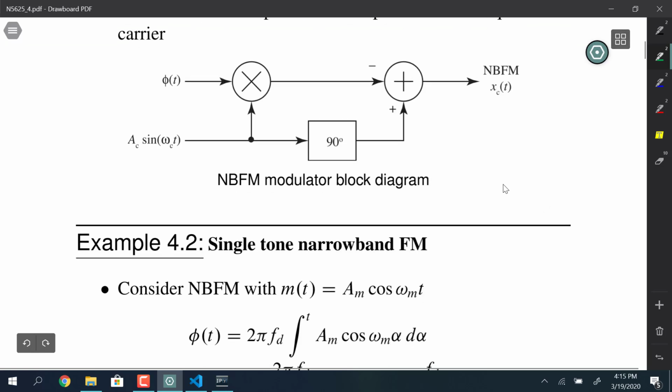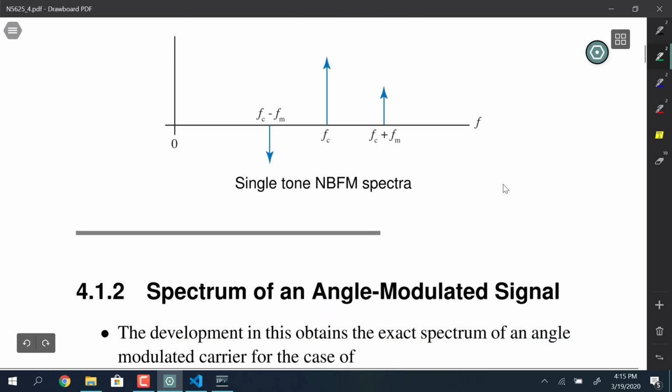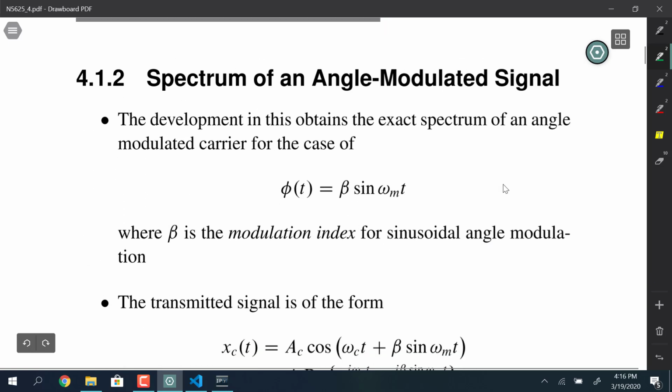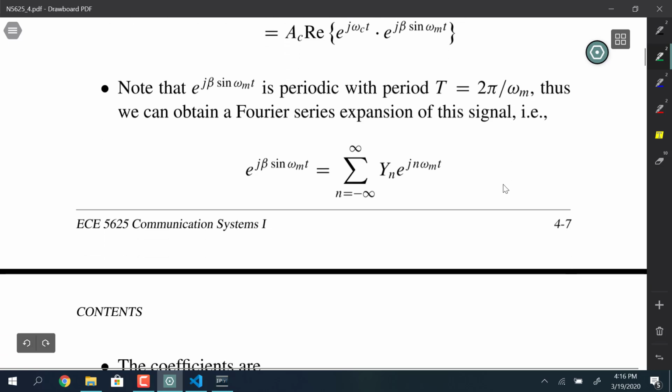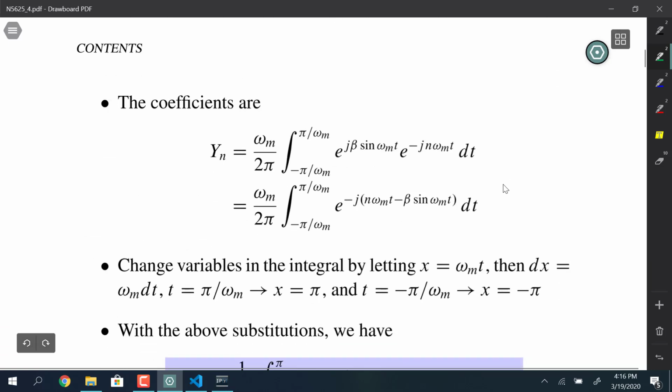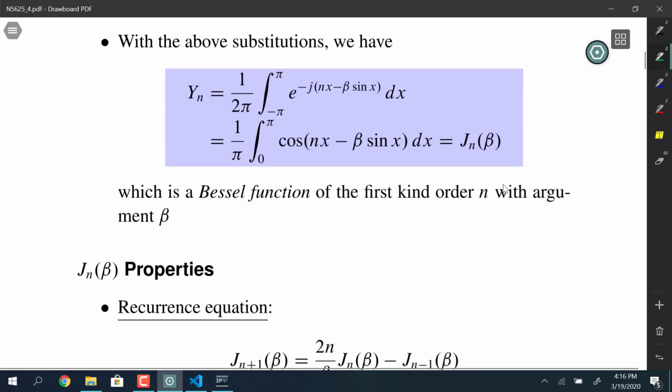But in general, we'll be spending a fair amount of time on angle modulated signals that have a sinusoid modulating them. And we'll get at that by doing a Fourier series expansion. And that Fourier series expansion will land us into a Bessel function, which is a special function.